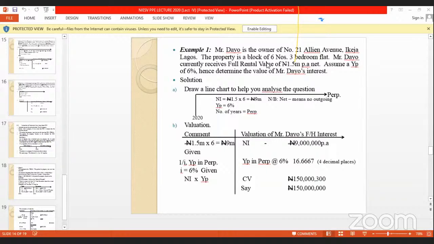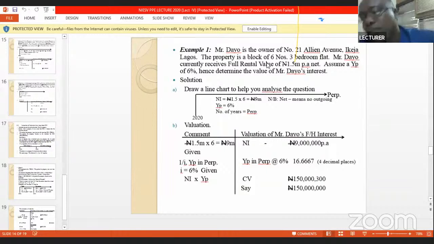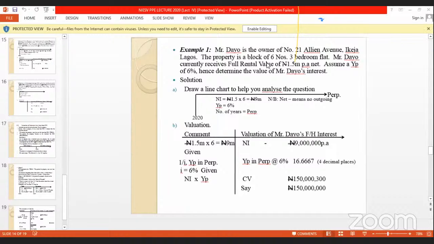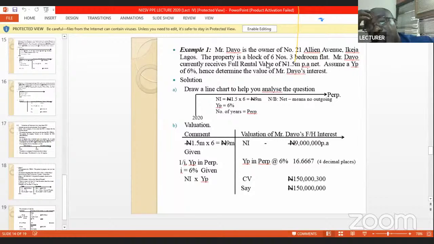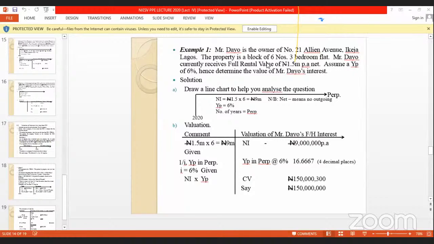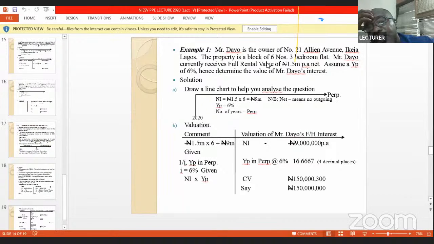In the question, sir, we were told that the landlord, Mr. Dayo, receives full rental value of 1.5 million per annum net. It was not stated per flat. If you listen to me when I was reading the question, I noticed that there's a typographical error there.